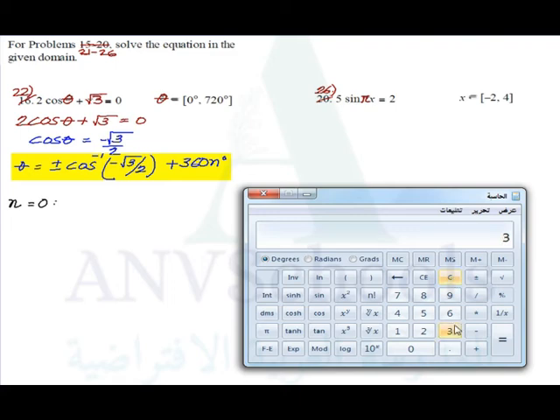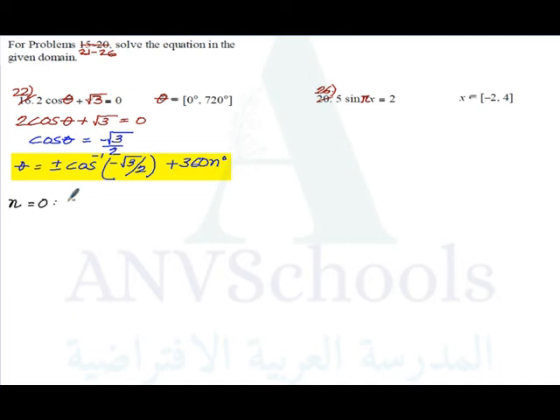Square root of 3 is 1.73, negative, divided by 2 equals negative 0.8660, inverse cosine, so that would be 150 degrees. Therefore, theta is equal to positive or negative 150 degrees plus 360 n.